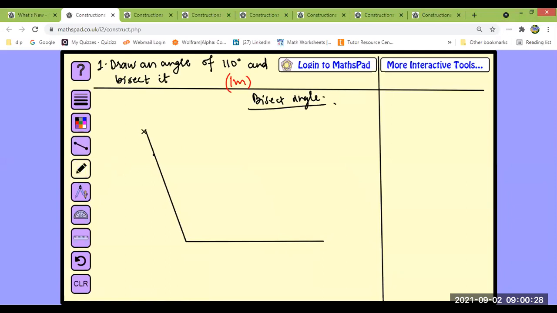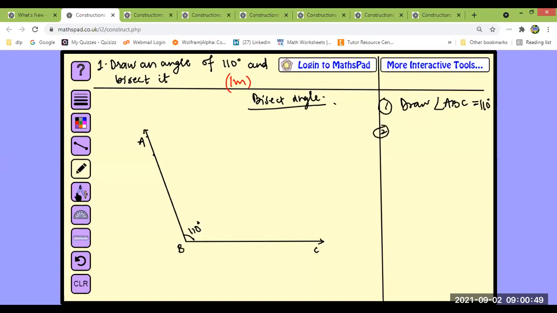So that's the angle 110. Okay, you can just label it. This is 110. Maybe you can label it like this, ABC. So angle ABC is 110. So step 1, we have to draw angle ABC, which is 110 degrees.